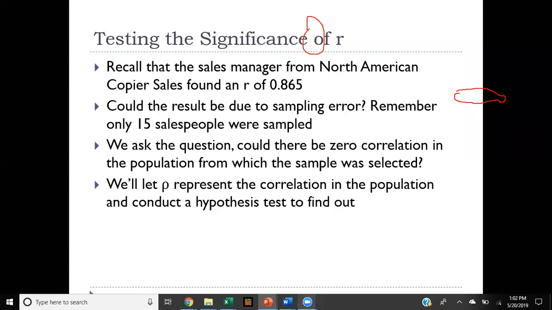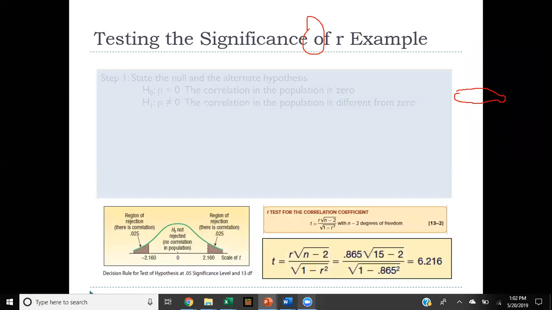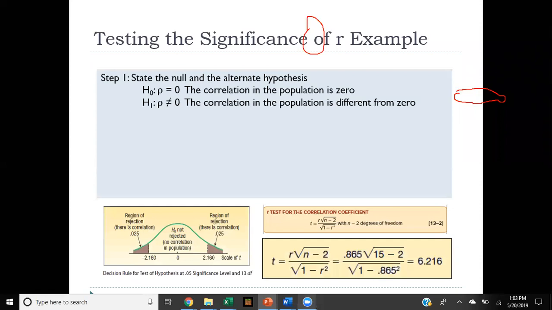Okay, so we need to test using the hypothesis testing method that was covered in the last module. We tailor it to testing the significance of R and try and come up with whether or not we can rely on this value of R of 0.86. Okay, so how do you do that? First, we have to state what's our null and alternate hypothesis. Okay, and the null here, if you remember what we said, your null will always have an equal sign.